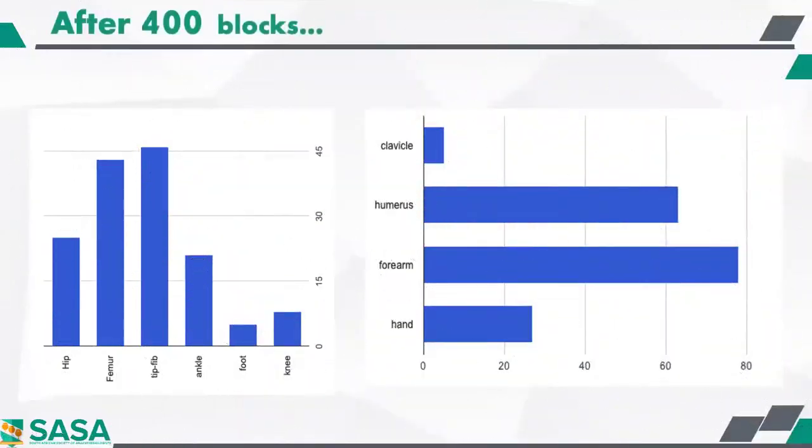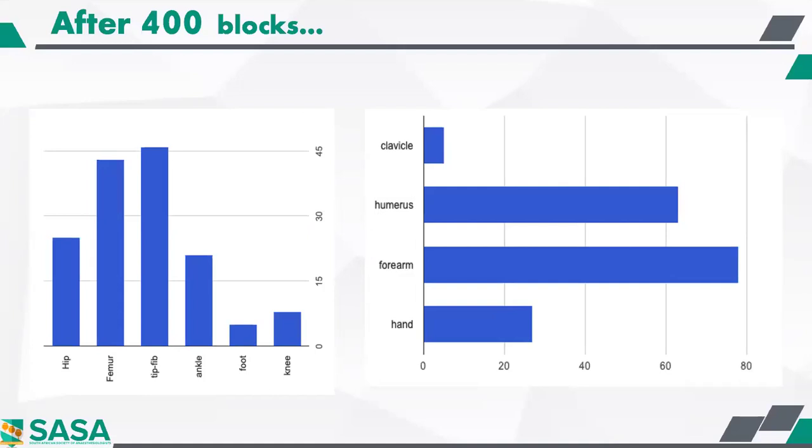After many blocks were conducted, to be precise about 400 blocks in patients with orthopedic conditions, what we noted is that 2/3 of our patients were male and 1/3 were female. Most of the patients that present to us with orthopedic conditions are mainly trauma-related rather than other disease processes.